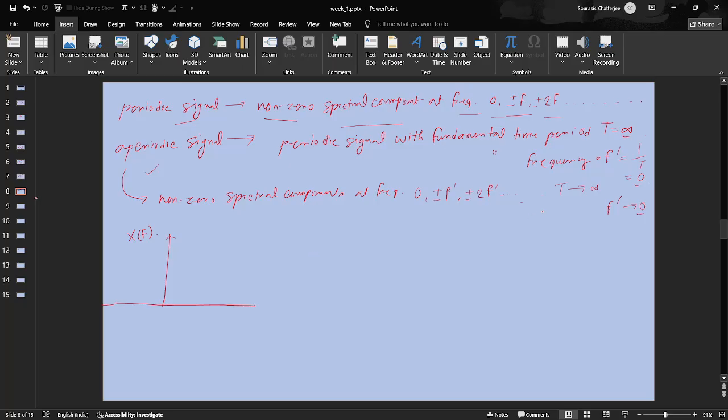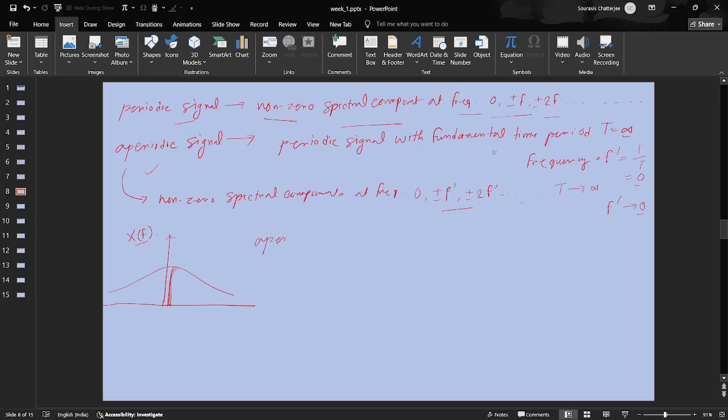The gap between f dash and 2f dash should be infinitesimally small. Absolutely correct. So if this becomes infinitesimally small, do you think X(f) is going to have discrete values only, or is it going to change? It appears continuous. It is still, as per this argument, going to have discrete components, but since this gap is infinitesimally small, like overlapping on top of each other, essentially it becomes continuous.